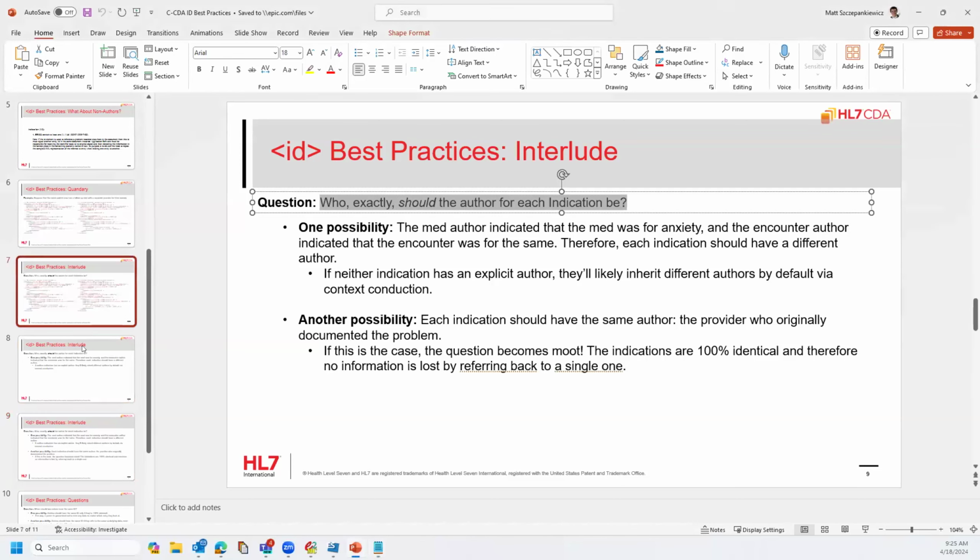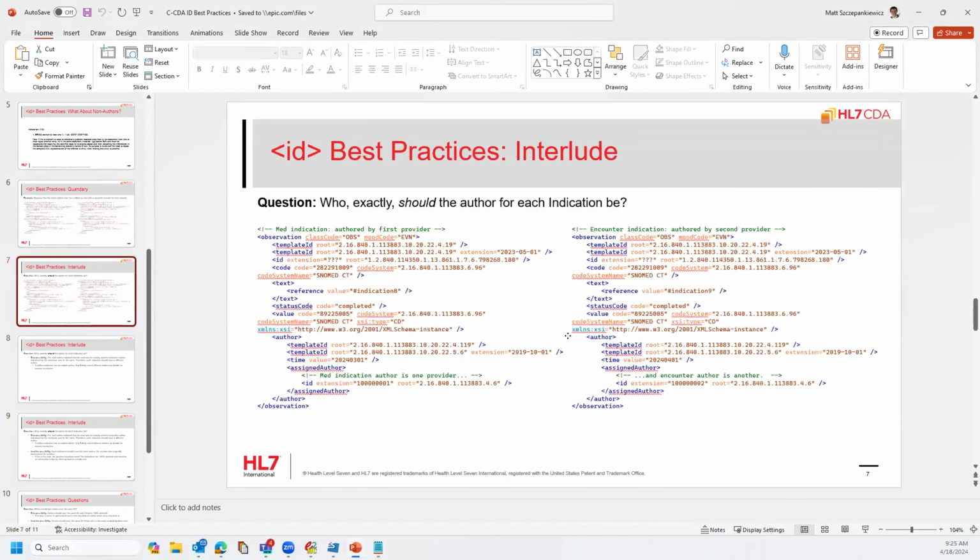Yeah, assuming everyone can still see my screen, let's start with this example I mentioned, where these indications are identical, except possibly they should have different authors. I'm curious to hear how people are landing on that today.